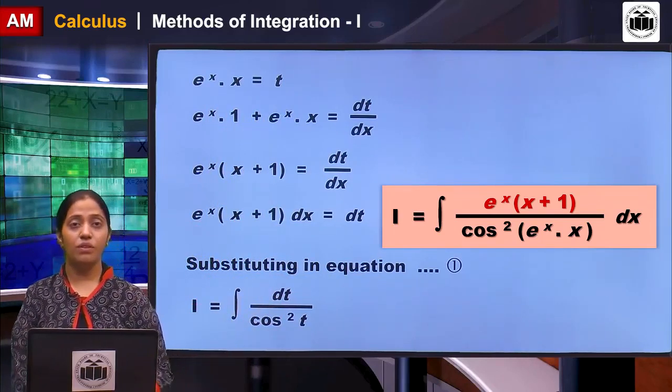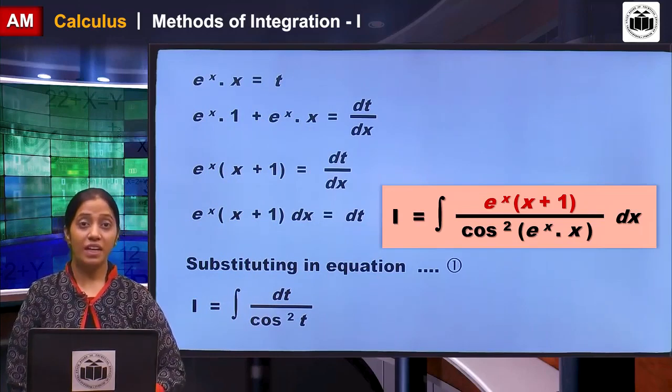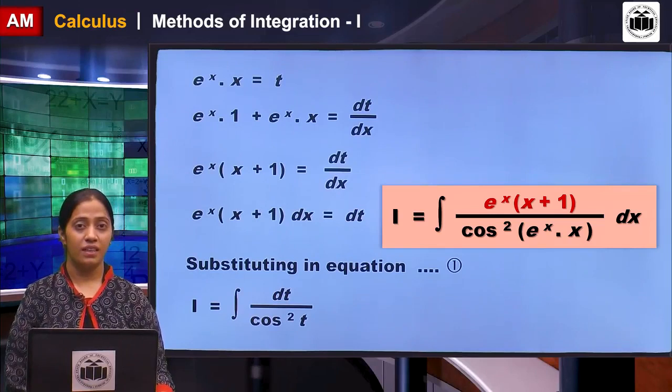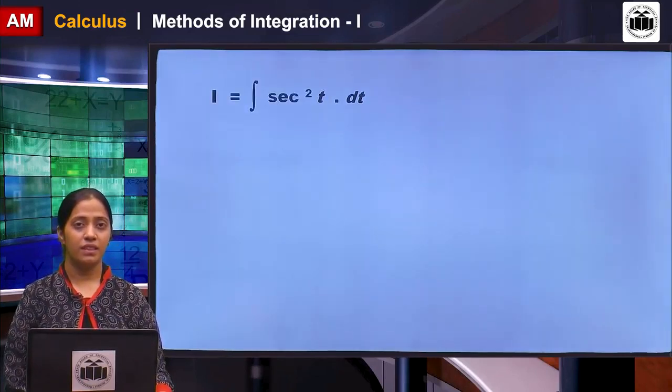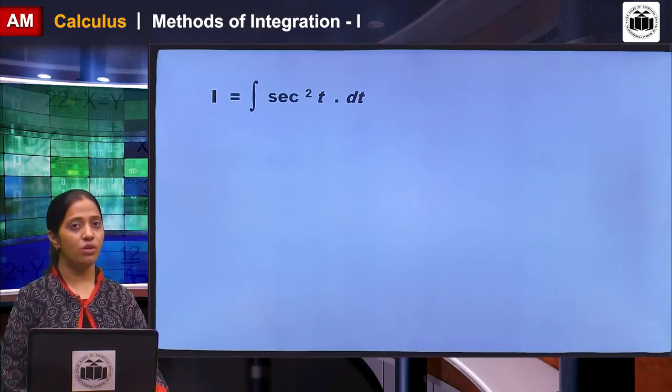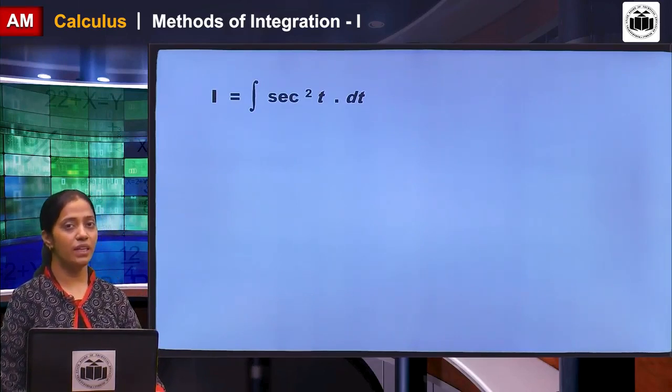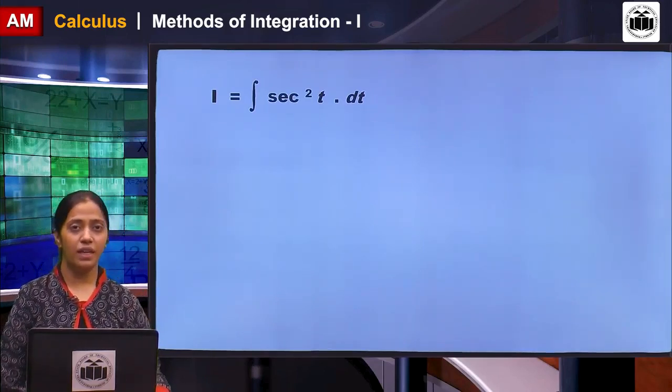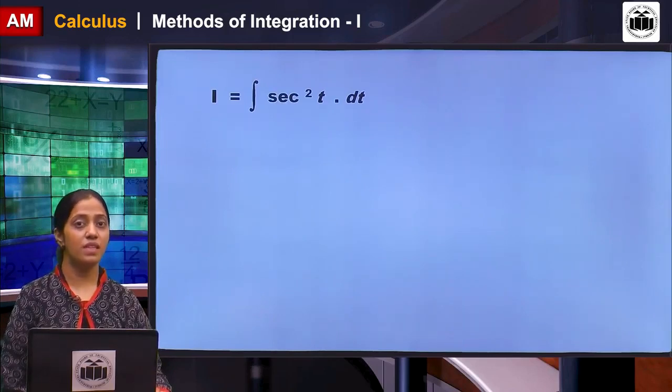Now tell me how we will find the integration of dt upon cos square t. Do you have any idea how to find it? Yes, we will convert that 1 upon cos square into the sec square form. So 1 upon cos square is sec square t into dt, and we have a direct formula for the integration of sec square.